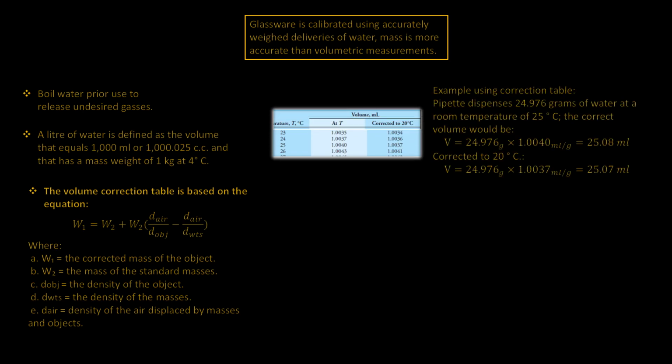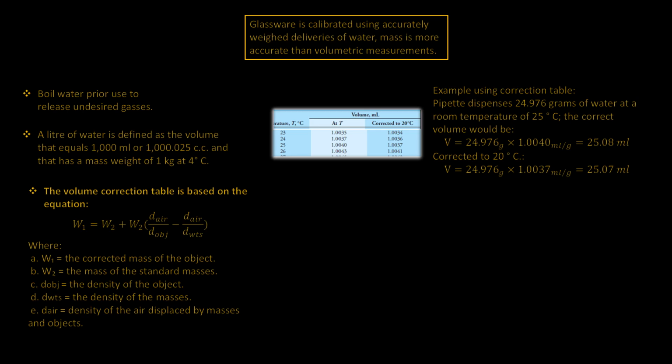Using the correction table as a quick example, if 24.976 grams of distilled water was added to a container at room temperature of 25 degrees centigrade, from the table the correction factor is shown to be 1.0040. Now multiplying the correction factor by the weight of the water gives us a corrected volume of 25.08 milliliters.